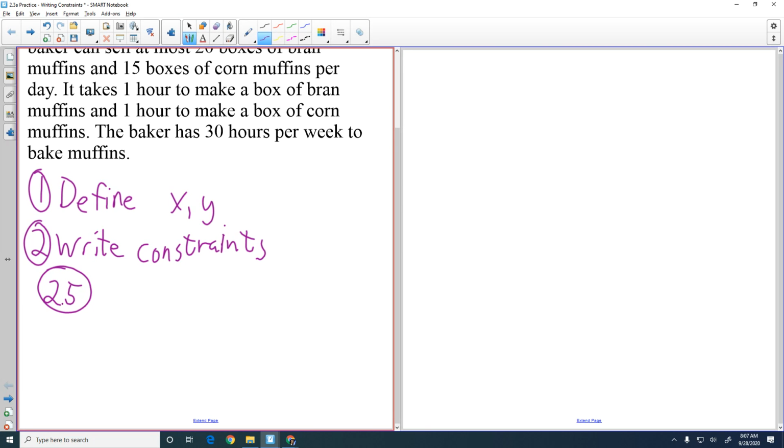We know what we're doing there. So rewrite in slope-intercept form. That's that y equals mx plus b. So those are the three things that I want you to do for each of these problems.